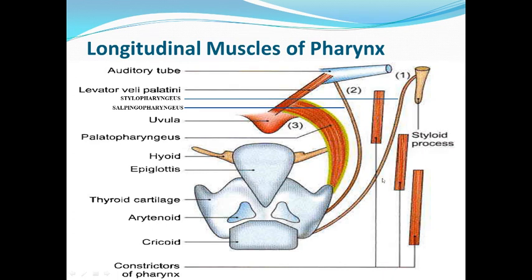So the stylopharyngeus, originating from the styloid process, runs downwards in between the superior and middle constrictor, then along the inner surface of the middle as well as the inferior constrictor muscle, and attaches to the thyroid cartilage.